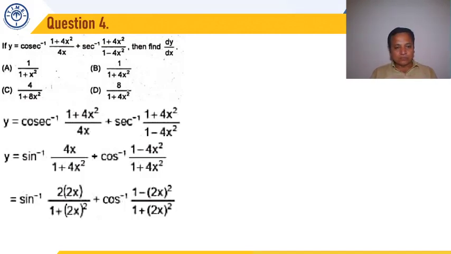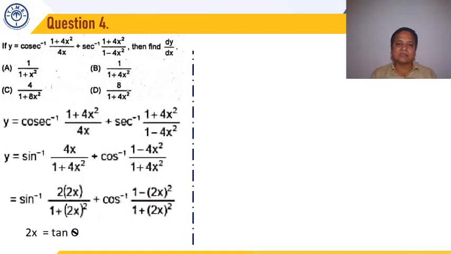And what we do now, we just put 2x equal to tan theta, because we know a result: sine 2 theta is 2 tan theta upon 1 plus tan square theta, and cos 2 theta is 1 minus tan square theta upon 1 plus tan square theta. So we just put 2x is equal to tan theta.